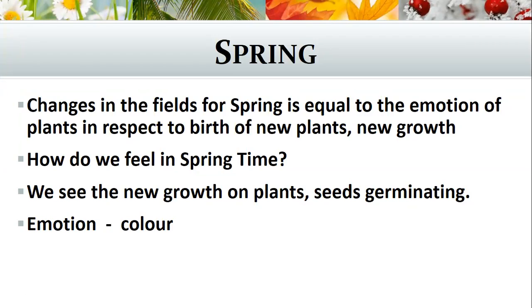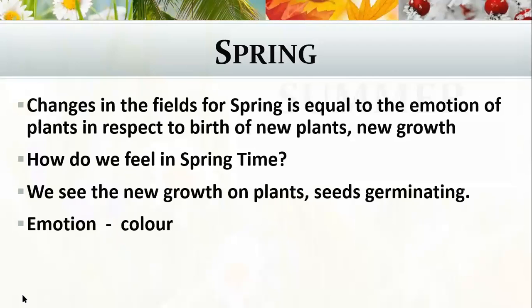We feel energized and happy and want to run out and do things. And it's the same for the plants. Their emotion is changed with the fields. You see all this new wonderful growth coming from the plants in springtime, because they are just as happy as us coming out of the winter period. So we see the new growth on plants, the seeds germinating, and then the colors, that's the emotion the plants exhibit to us through the colors in the springtime.